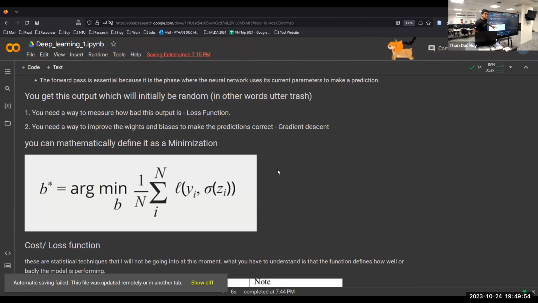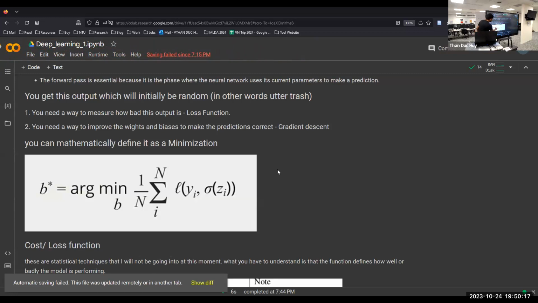This is called arg, the argument function. Essentially, this is a condition, and the argument function finds the input value that best satisfies this condition. So we have arg min b, and this is the function that defines how well your model is performing.